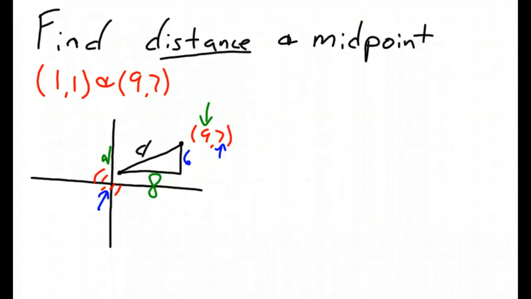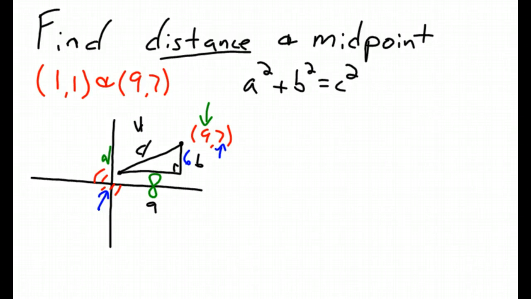Well, there I have a right triangle. So I'm sure we all remember from 8th grade, 7th grade, whenever that was, the lovely Pythagorean Theorem, where we have a squared plus b squared equals c squared. We all know that by heart. So to find my distance, all that really is just Pythagorean Theorem. I have a, I have b, and my distance is c.